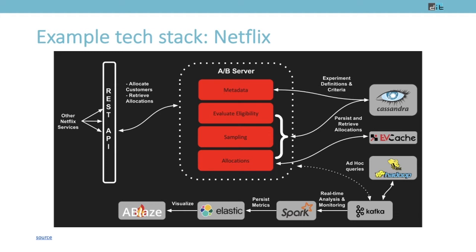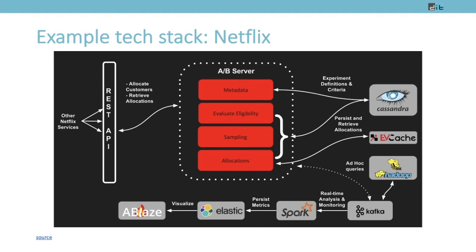For example, Netflix here is using EV cache. We're going to be doing sampling because we don't want to allocate all users to the experiments. We may want to keep some to let them be, especially for the cases where the new feature is revenue sensitive. We don't want to mess everything up.